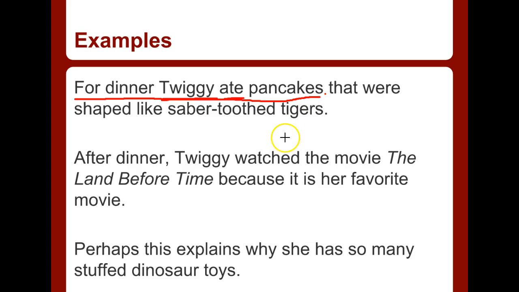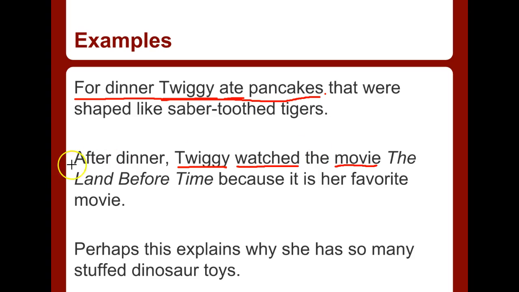Next sentence reads like this. After dinner, Twiggy watched the movie The Land Before Time because it is her favorite movie. Here is my subject. Here is my verb. We also need to look for things like objects and modifiers. So the word movie here, this is an object. It's a direct object. It's the thing being watched.